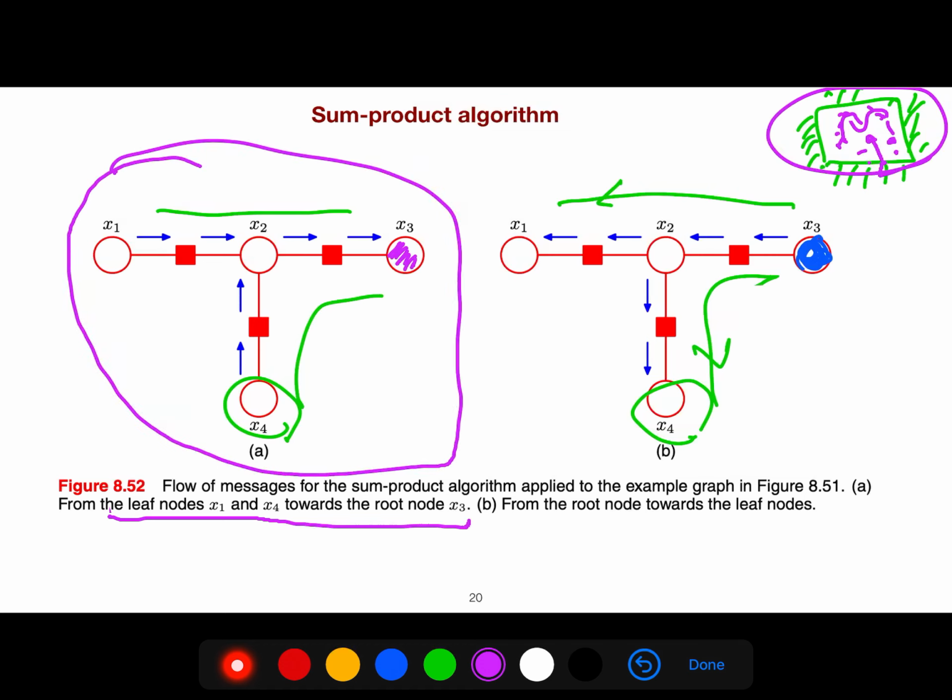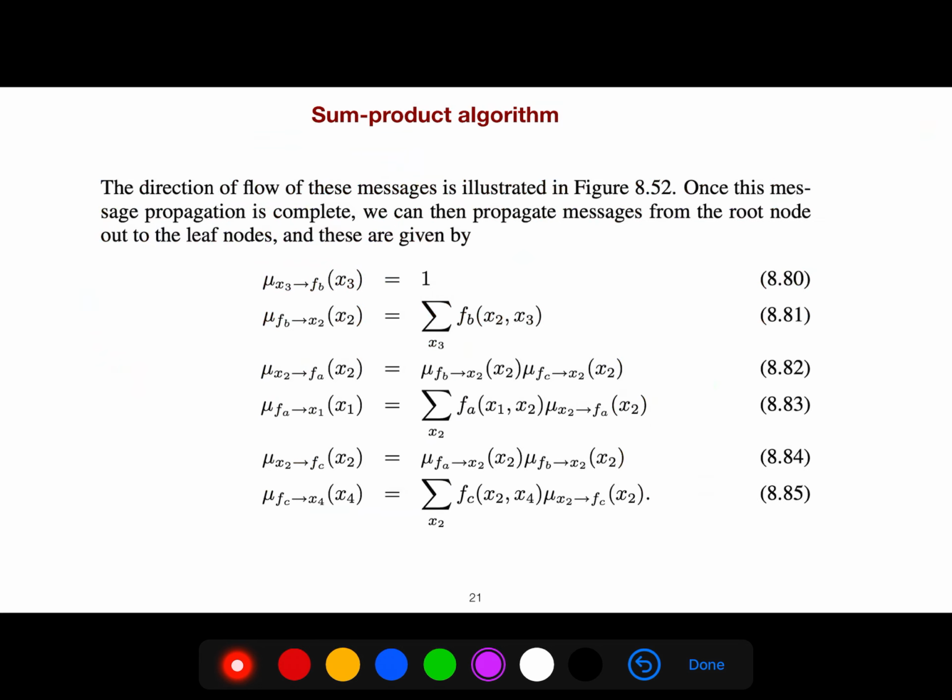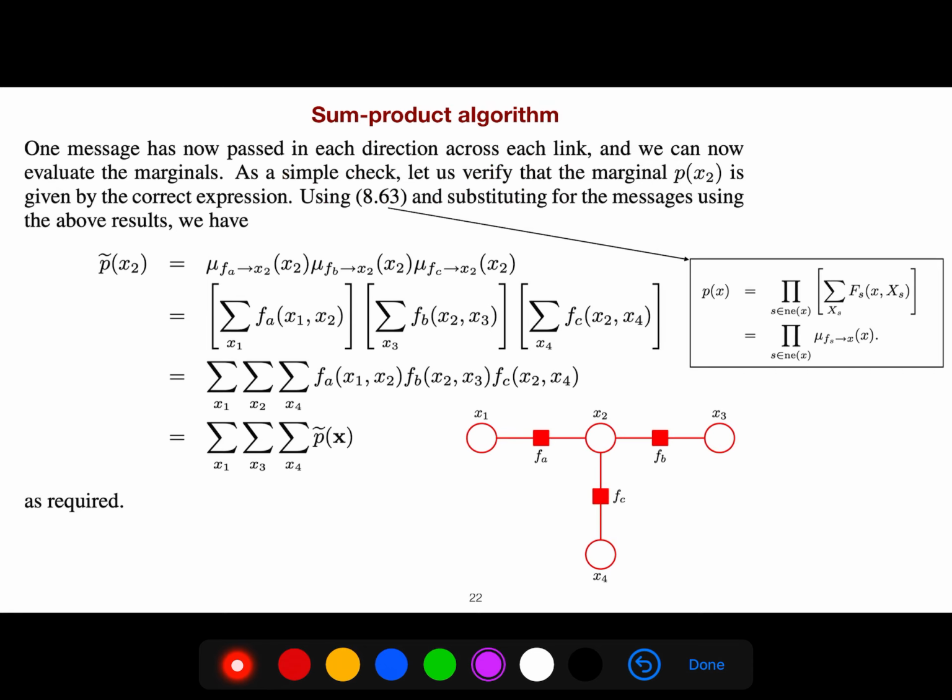It's like this. You have a factor graph, you pass the messages. And as I said, in the opposite way, you will go from root to the leaves, then you have similar messages.